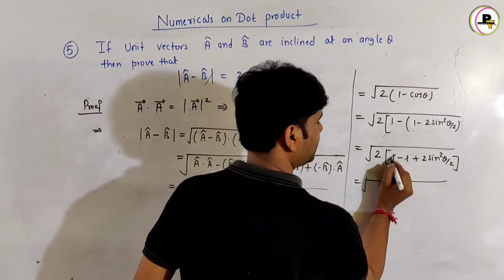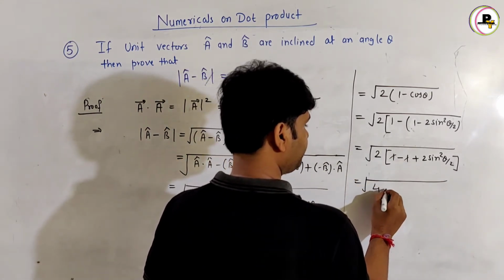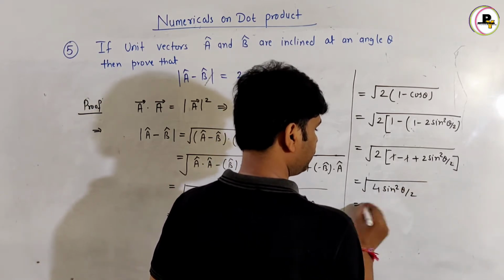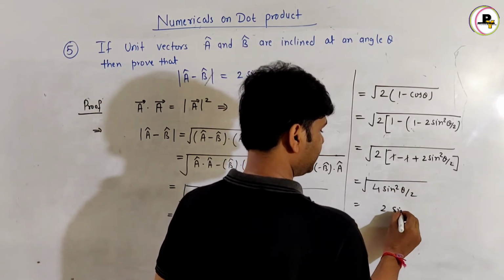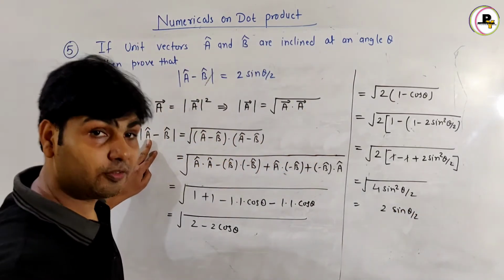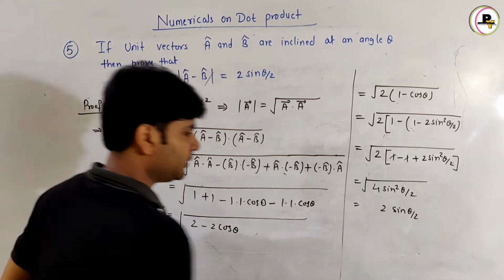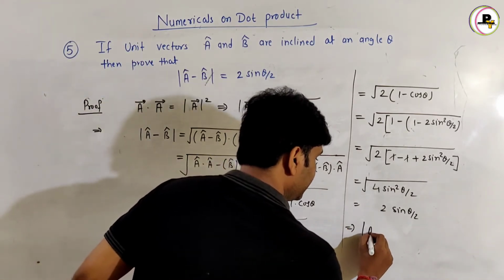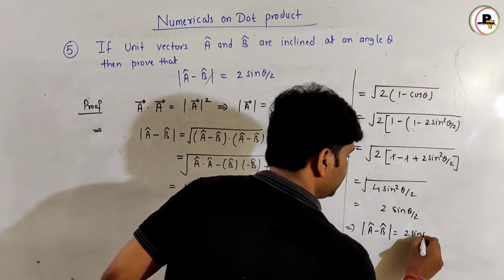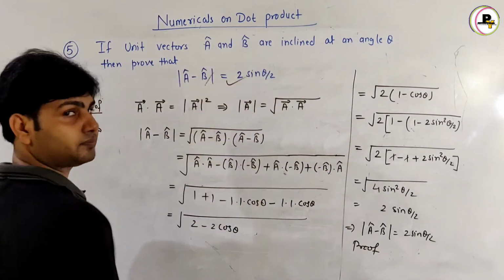Minus will be plus, 1 minus 1 will get cancelled, and I get what? 2 2s are 4 sine square theta by 2, and if I take the square root of this value, then I get 2 sine theta by 2, which is the value of mod of a cap minus b cap. Therefore I can write here mod of a cap minus b cap equals 2 sine theta by 2. This is the proof of this question.